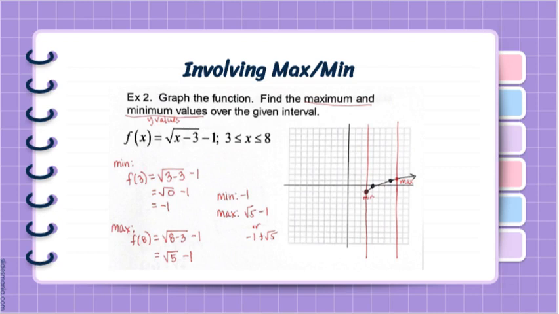For your maximum, you would place the greater value, which for this equation will be f(8) equals the square root of 8 minus 3, minus 1. So you would first subtract 8 minus 3, which equals the square root of 5. But since you can't simplify the square root of 5, you would just leave the equation alone.